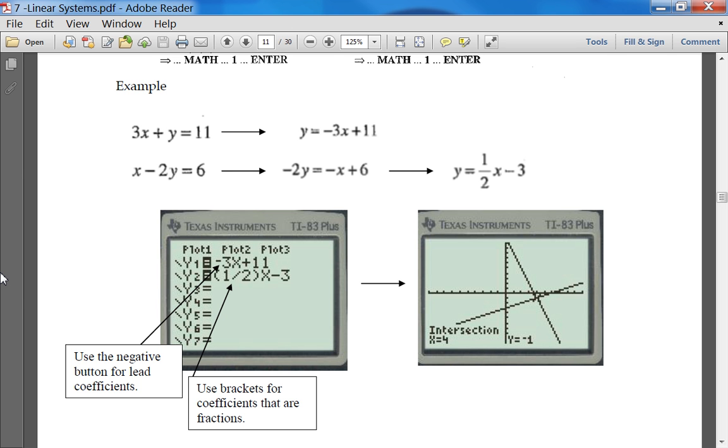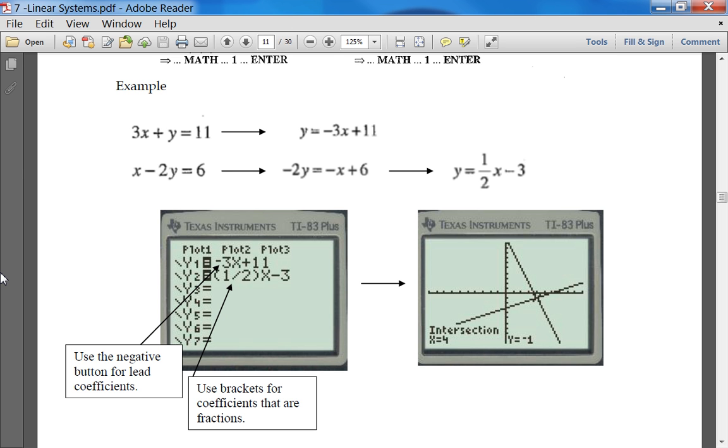Okay, so here's a worked out example for you. The equations on the left is the system that you've been given. You have to take the system that you're given, each equation, one by one, and isolate into mx plus b format. So you can see in the first one, all you have to do is move the 3x to the other side, make it a negative 3x.